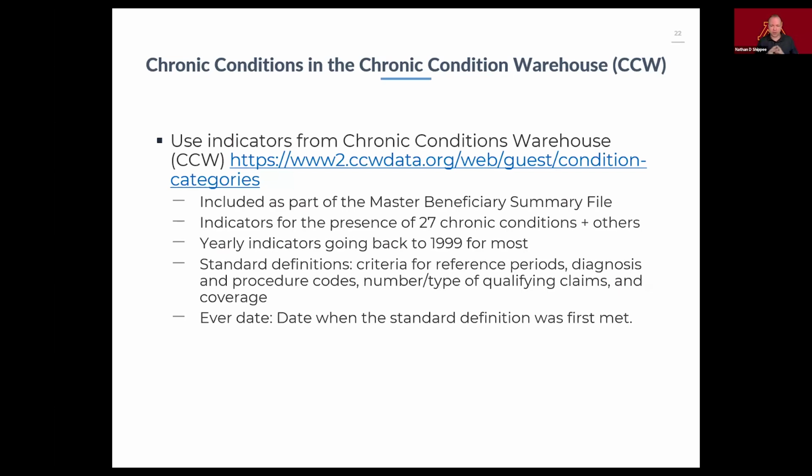It's a fairly rectangular, simple file indicating whether that person has that condition, based on the data, going back to 1999 for most people, in the same way as basically anything in the master beneficiary summary file. And it's got standard definitions, criteria for reference periods, and diagnoses, and I'll show you these definitions in a second. Their definitions line up with the algorithms from Hebert et al.